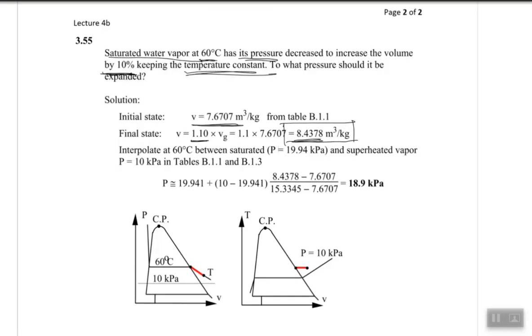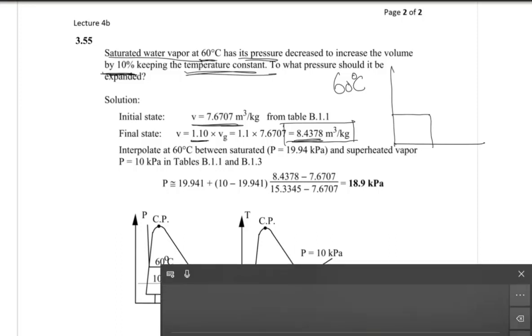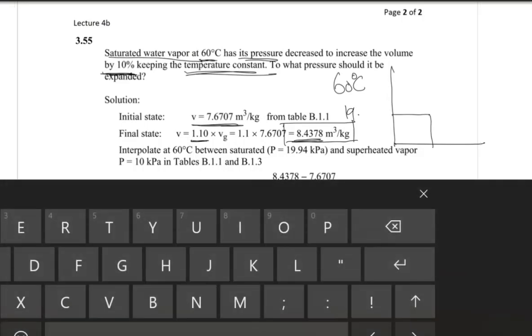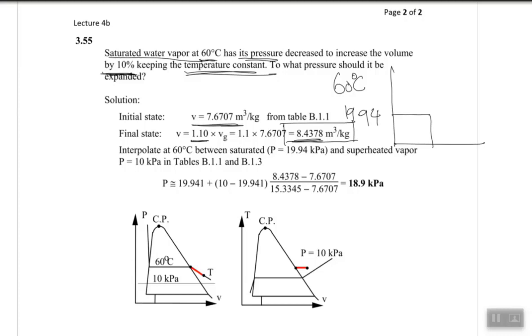What I'm saying now is that the pressure would reduce. Let me draw this over here, at 60 degrees centigrade. The initial pressure is P equal to 19.94 with a volume of 7.6707.